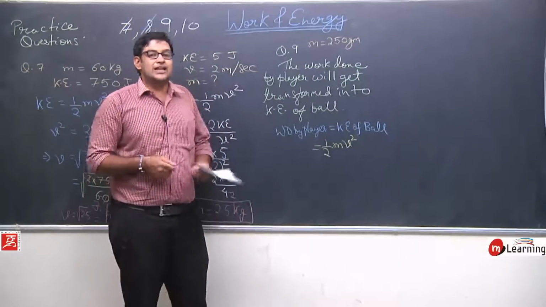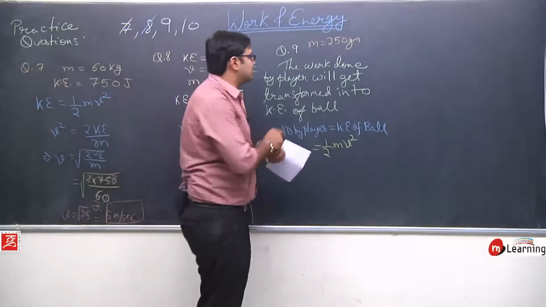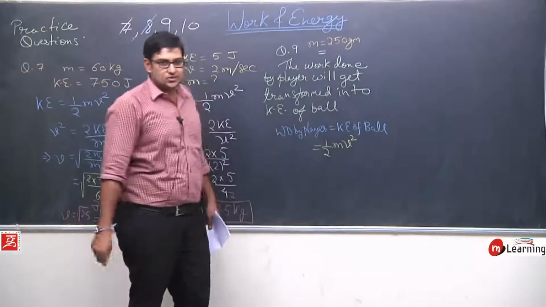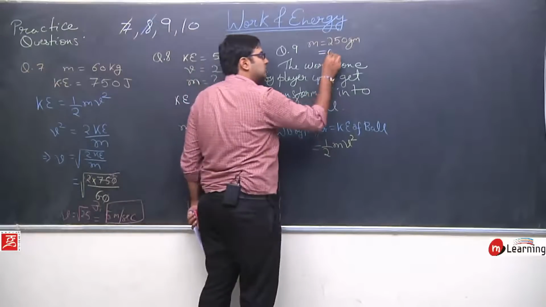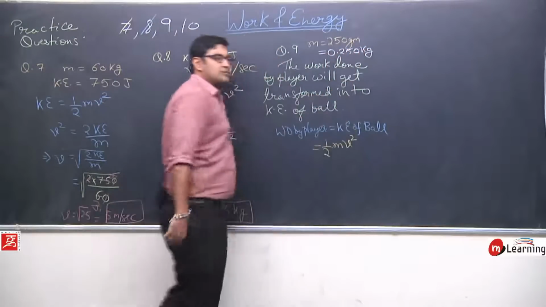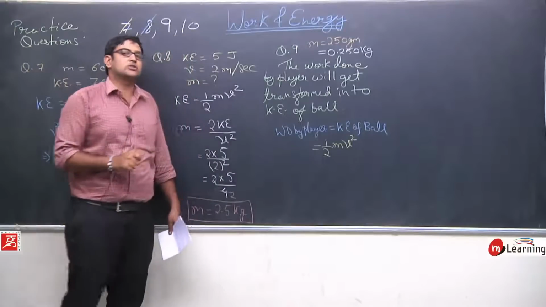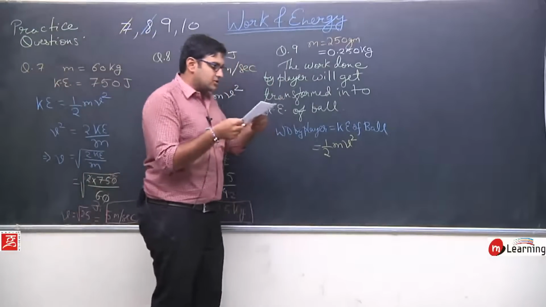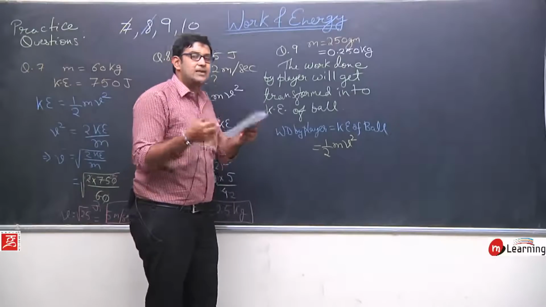So I have to convert 250 grams into kgs. So 250 grams is equivalent to 0.250 kgs, because 1 kg is equal to 1000 grams.